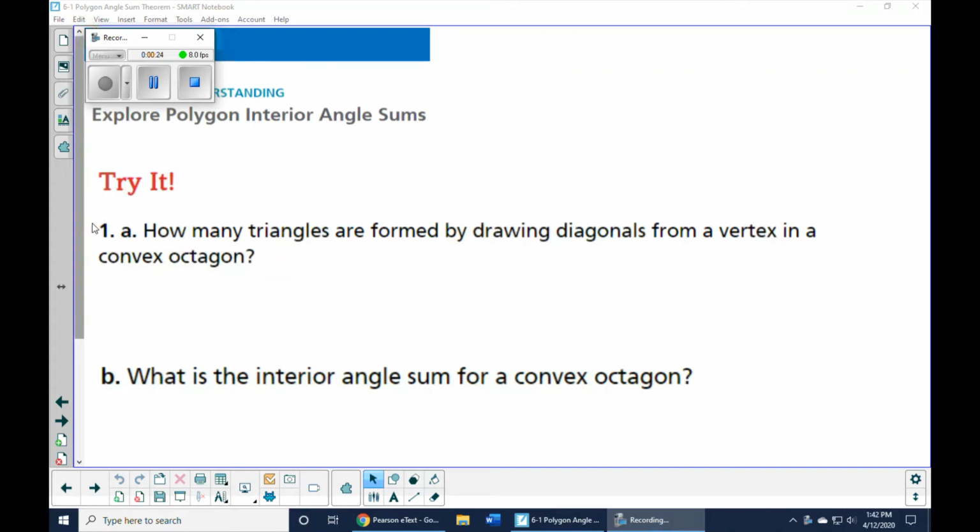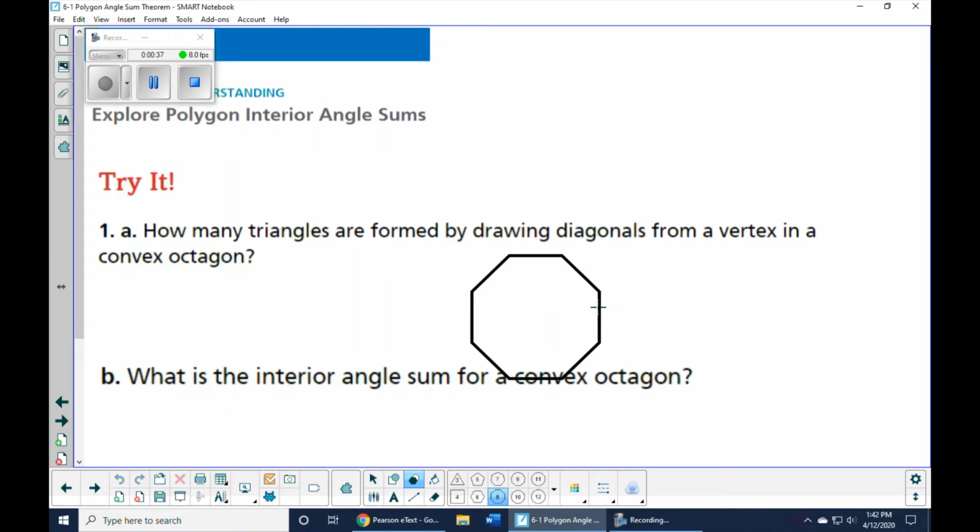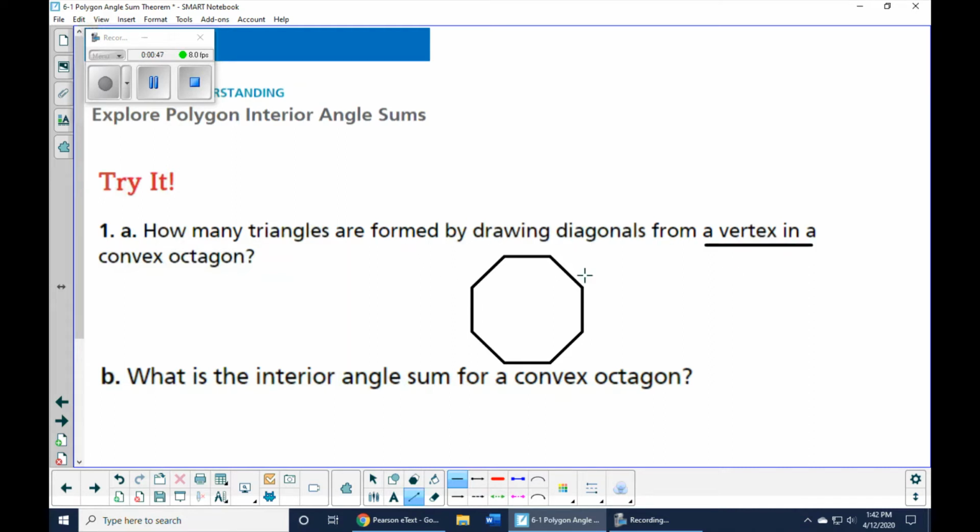The first thing you'll see asks how many triangles are formed by drawing diagonals from a vertex in a convex octagon. We're going to start by drawing an octagon. I made it too big. There you go. Starting with this octagon, we're going to make a bunch of triangles going from one vertex.